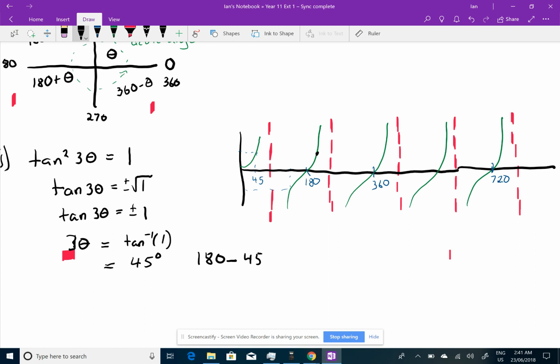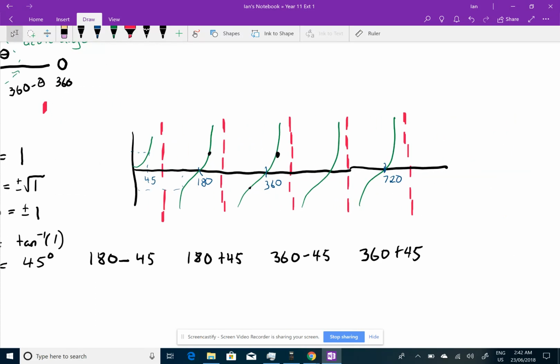Then we'll get this one up here: 180 plus 45. And then this one down here: 360 minus 45. And you can see that the next one is just going to be 360 plus 45. And then the next one, if only I knew that.